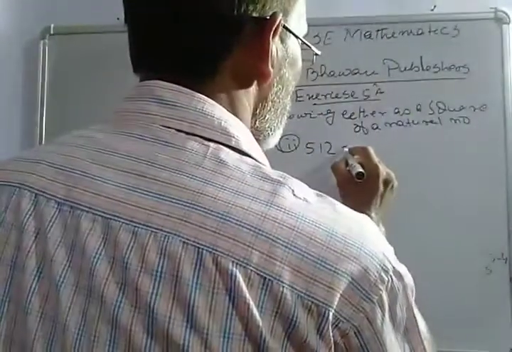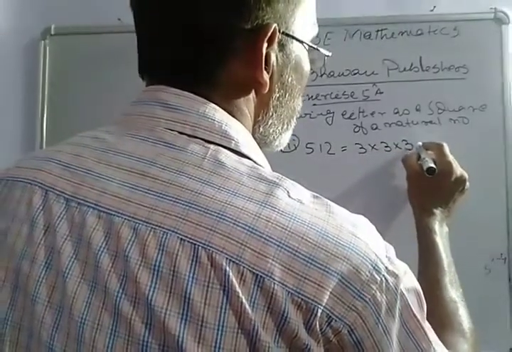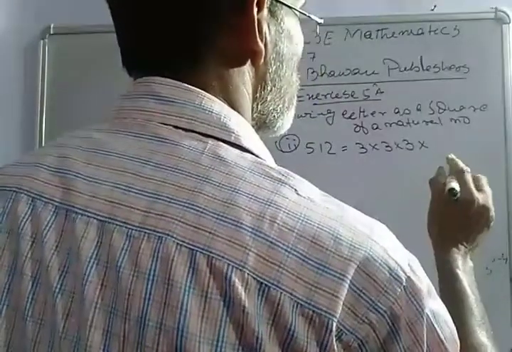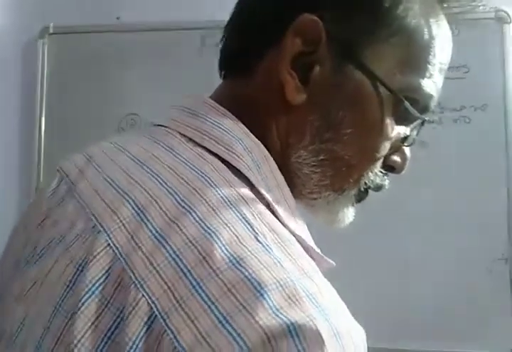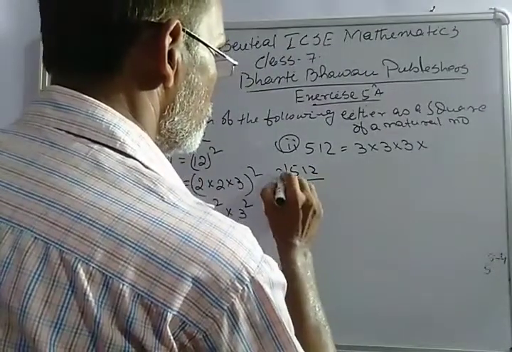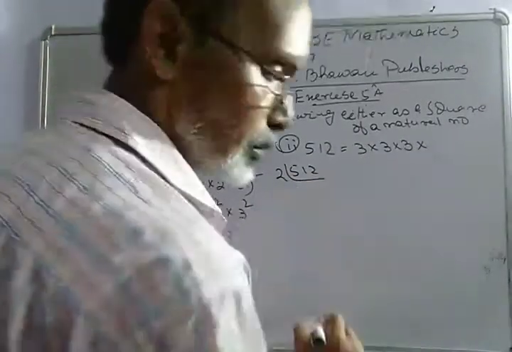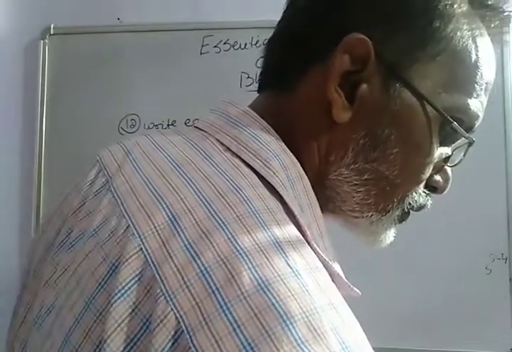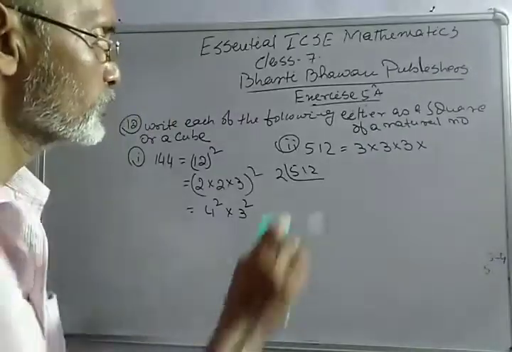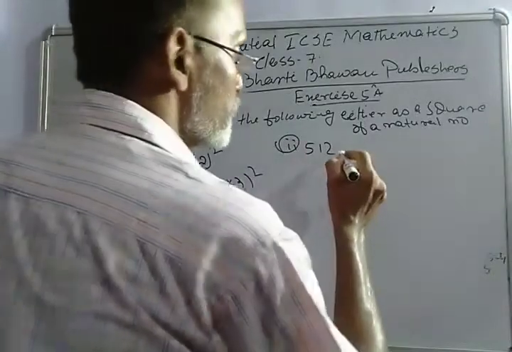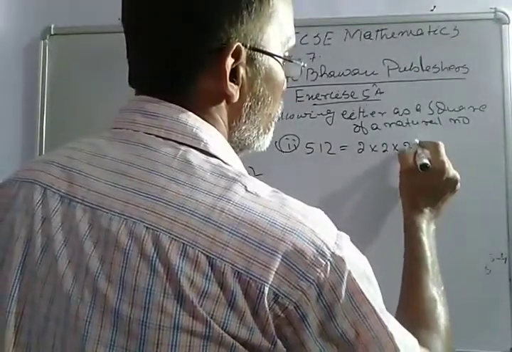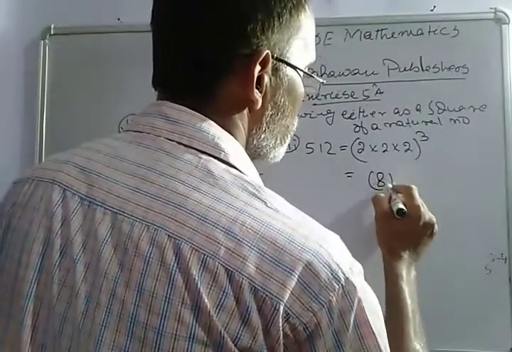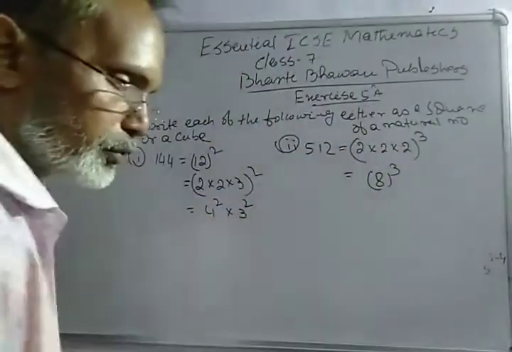So this is equal to 2 into 2 into 2 into 2 into 2 into 2 into 2 into 2 into 2. 512 is equal to (2 into 2 into 2) whole cube. This is equal to 8 whole cube.